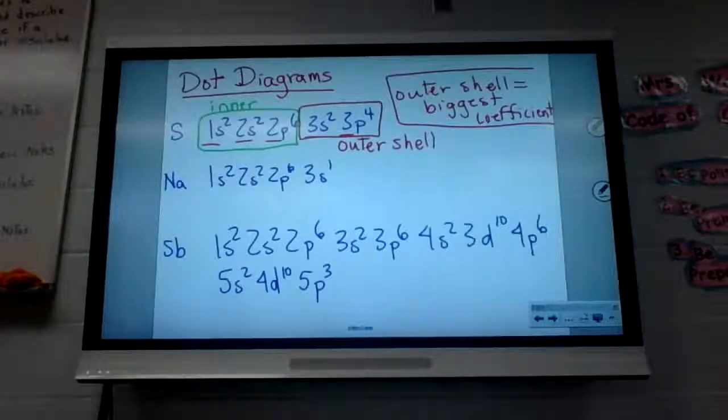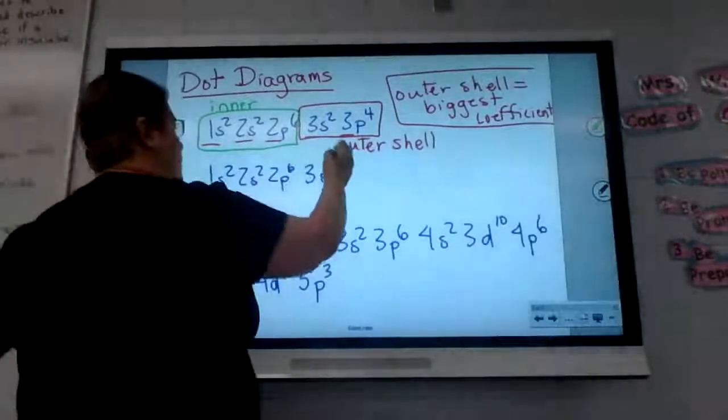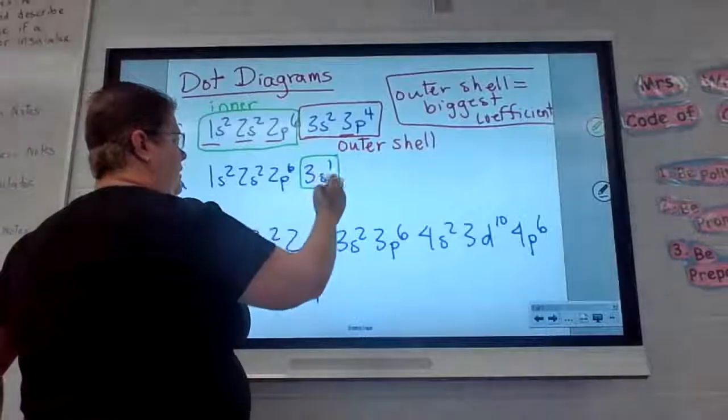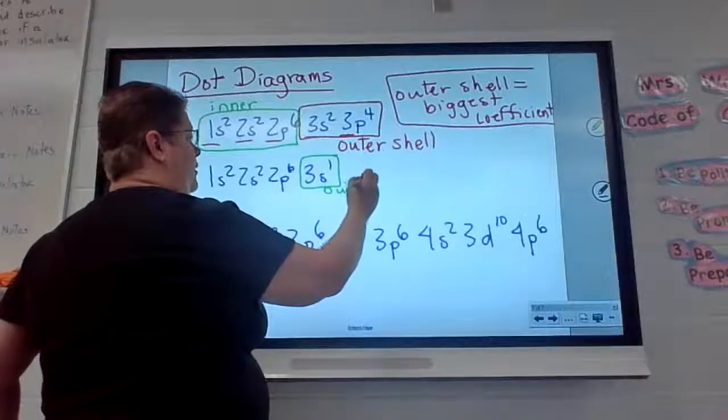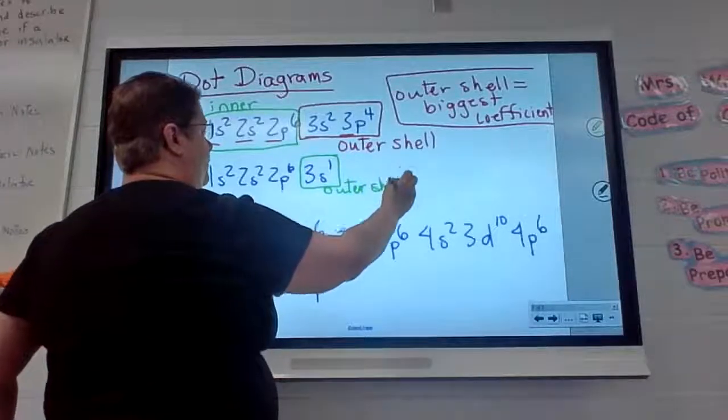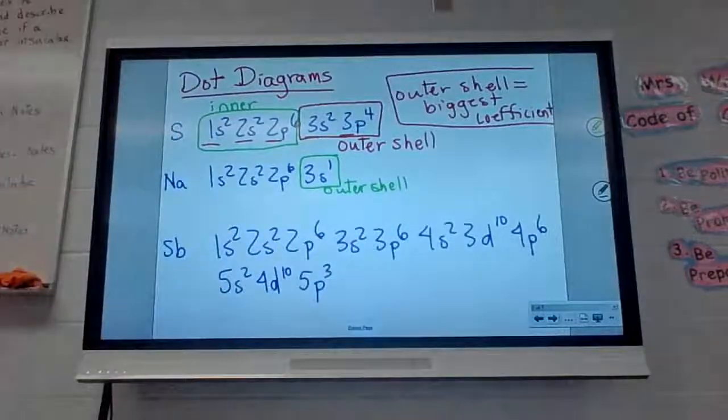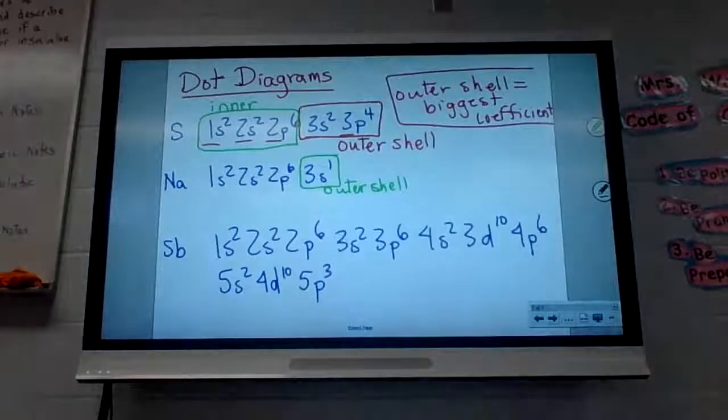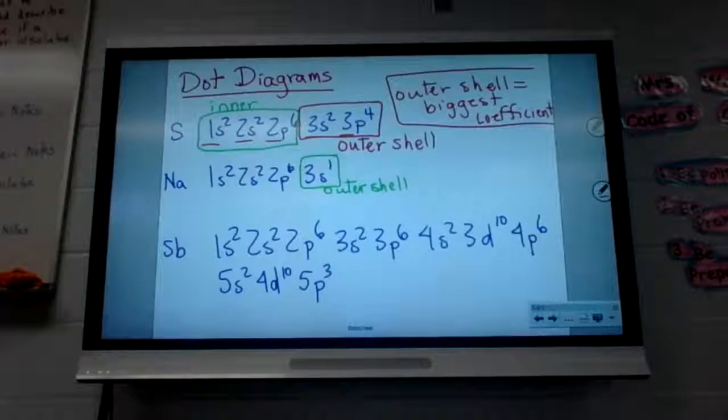Look at sodium again. What's the outer shell? What'd you say, Zaria? 3S. Just the 3S is good. This right here is the outer shell. So when you look at sodium, how much of it is the outer shell this time? Just the 3S. So you always have an S and a P together.